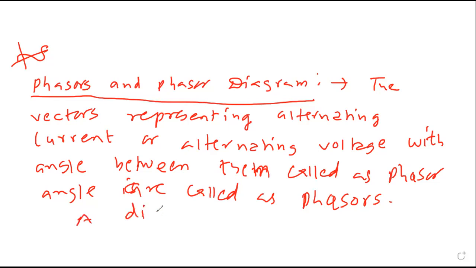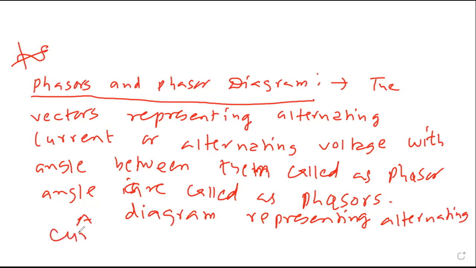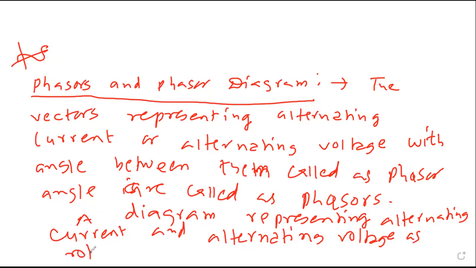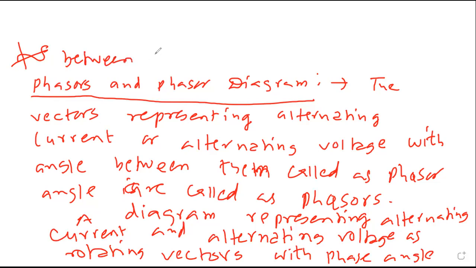A diagram representing alternating current and alternating voltage as rotating vectors with phase angle between them is called as phasor diagram.